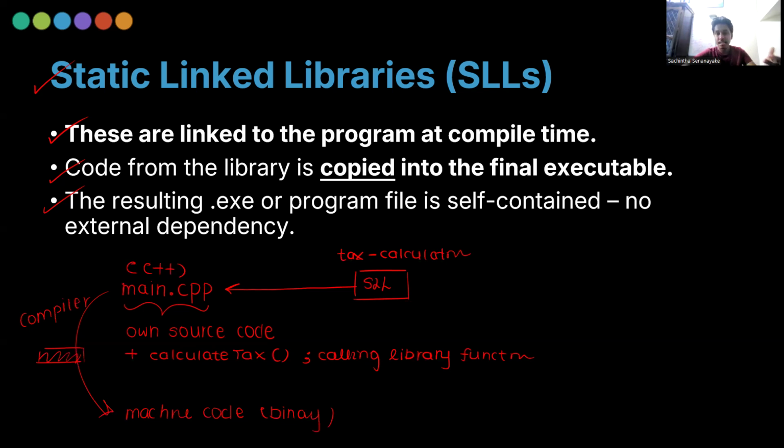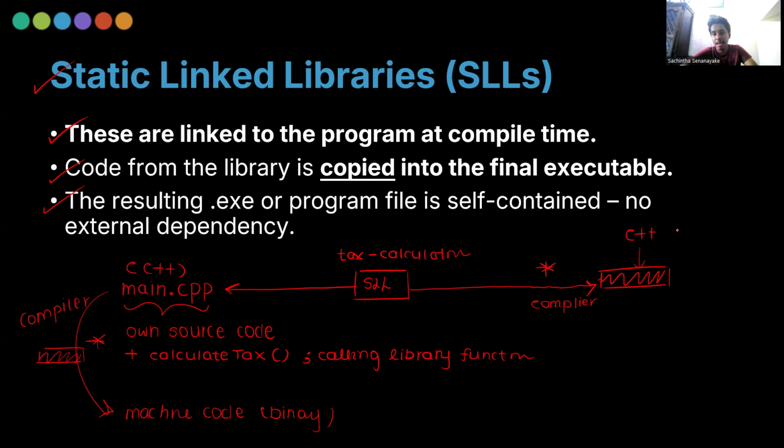Now, what the compiler does is it takes this main.cpp file and converts it to machine code, but during the process of compilation, right? Maybe I can put a star mark here and say that if I draw this box again, consider this box to be the compiler, guys. While it takes in your C++ program, it also takes in the calculate tax function from the static link library, right?